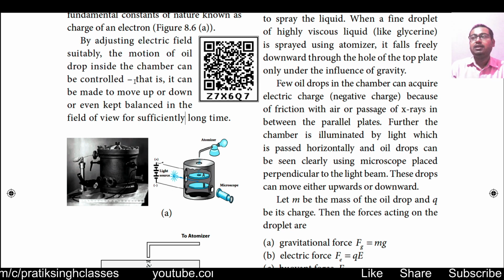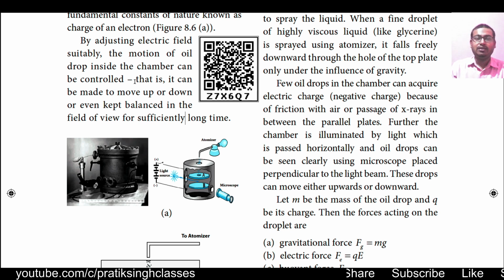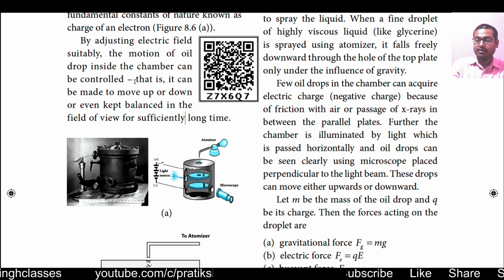Suppose there is some suitable arrangement by which we can make this object fall with a constant velocity. Is it possible that the object is falling down and by some suitable arrangement we make the object hover over the ground? It was done by Millikan.